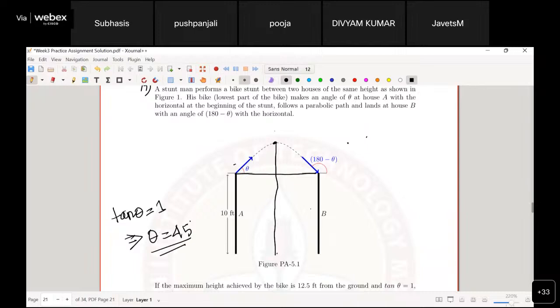Like what I was taught in physics, that if something is thrown at a 45-degree angle, it reaches its peak in the middle and travels the same distance afterwards. So the distance before the peak and the distance covered after the peak should be the same. That's what I was taught.